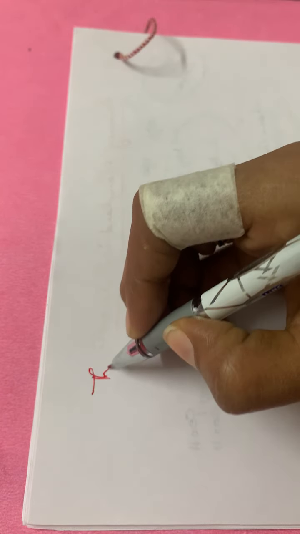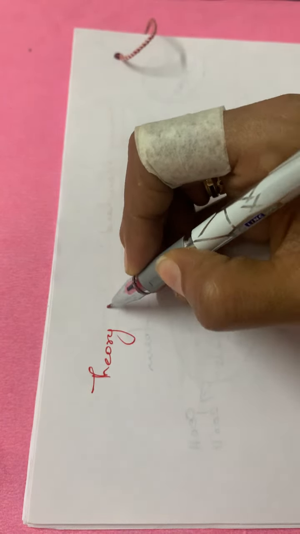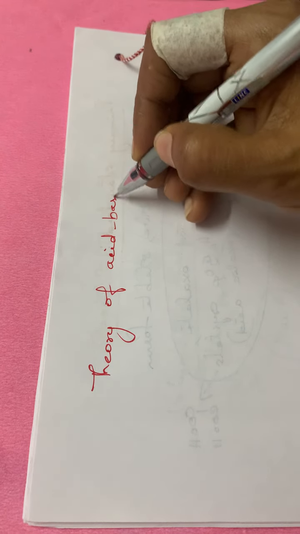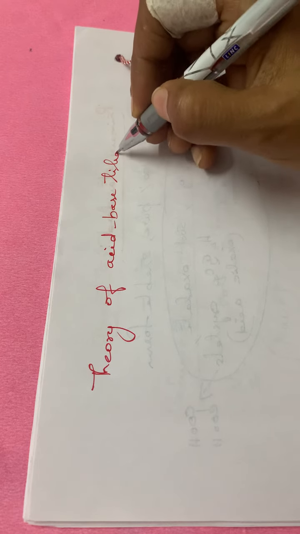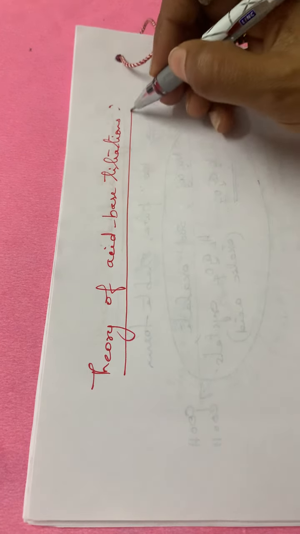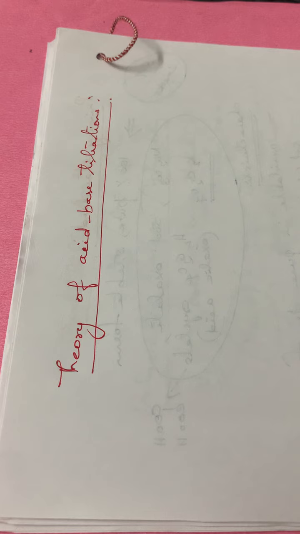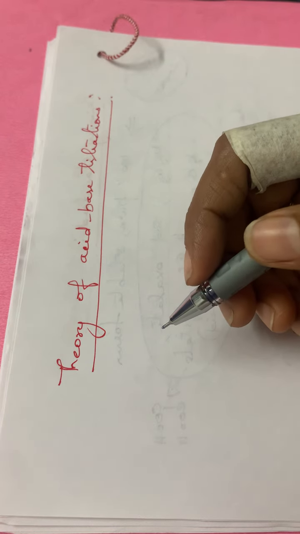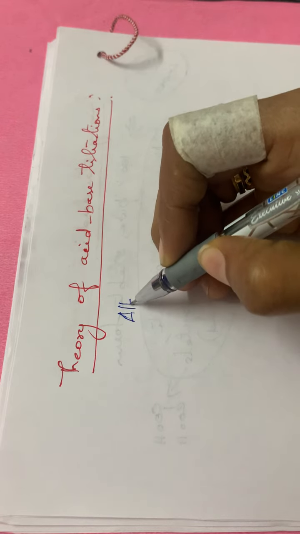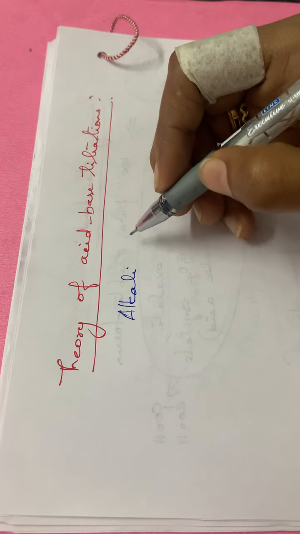Next is the theory of acid-base titration, that you have to go through in detail. Normally in acid-base titrations, alkali solutions are titrated against acid, isn't it?